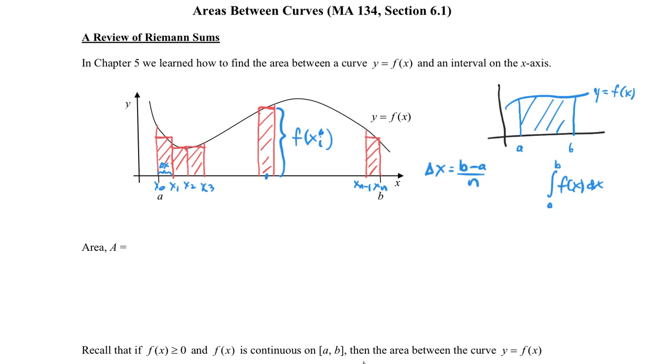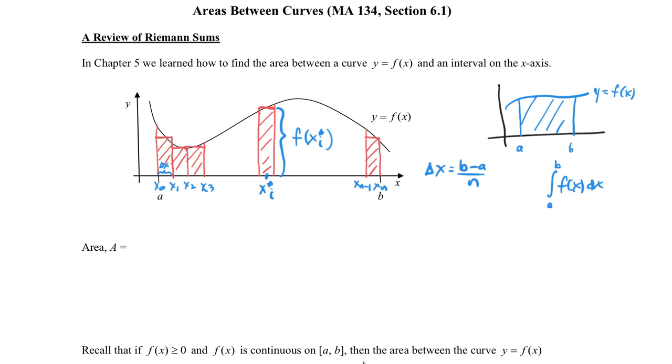We're using the midpoints here in our demonstration, but it could be really any point. We could have picked the left endpoint, the right endpoint, the midpoint, or any random point. A lot of times they use this x star to represent any random point in here. And as long as we take the limit, it doesn't matter what we use, right?